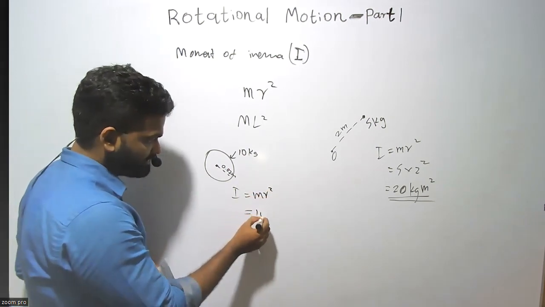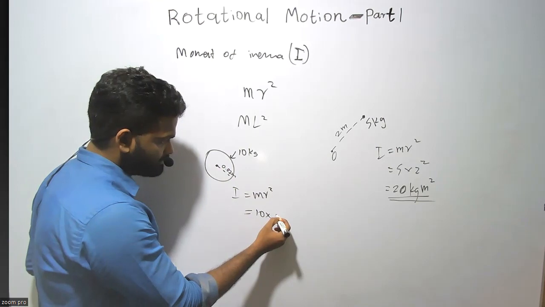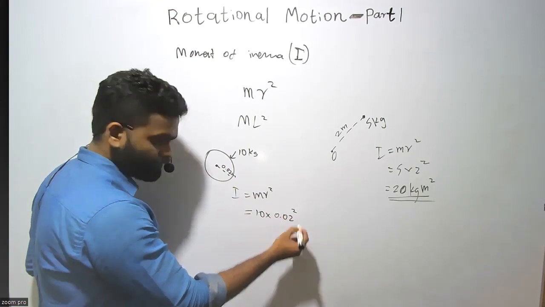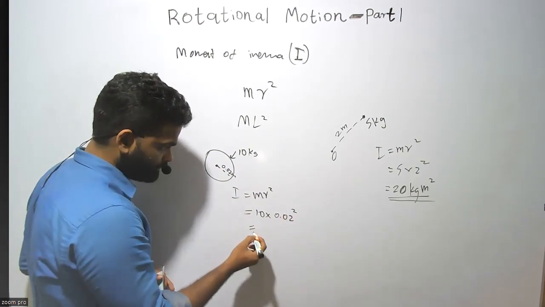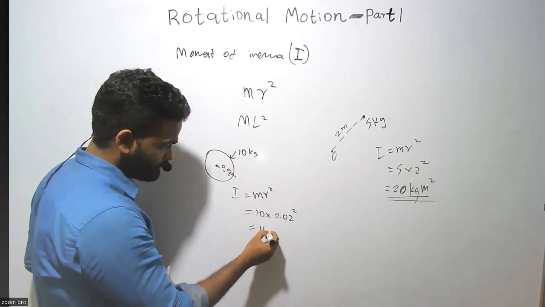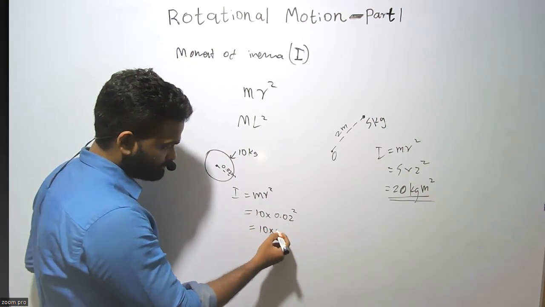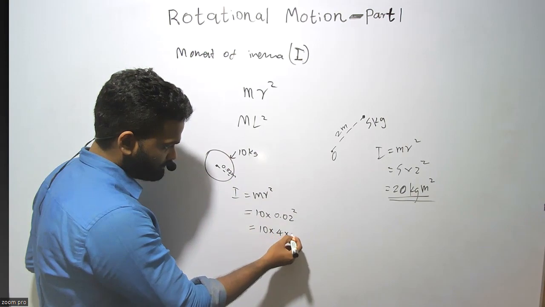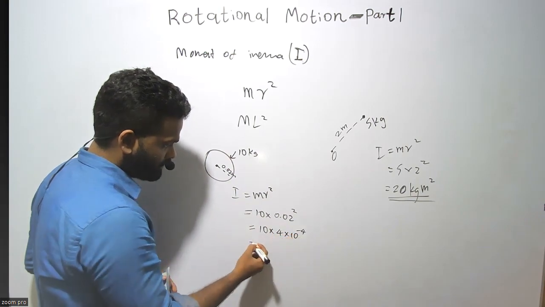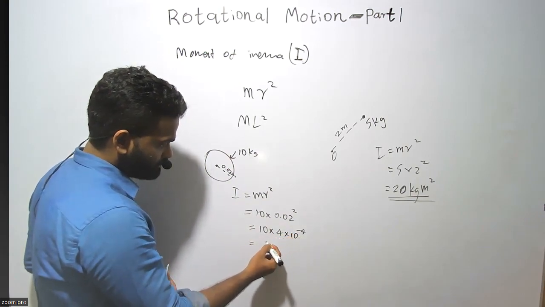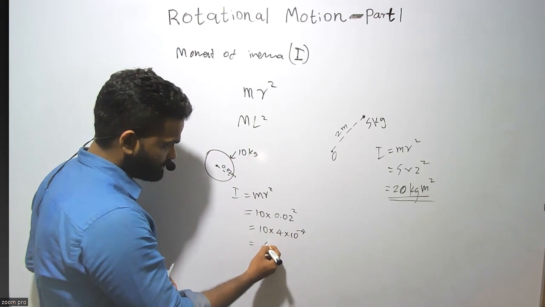So the mass is 10. Radius is 0.02 squared. So 10 times, this is 4 times 10 to the power minus 4. So it is 4 times 10 to the power minus 3.